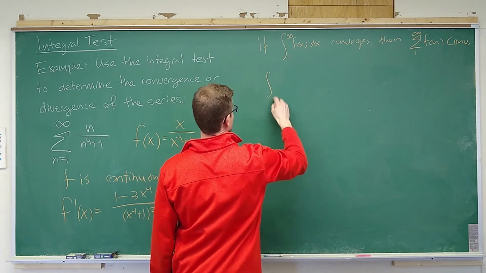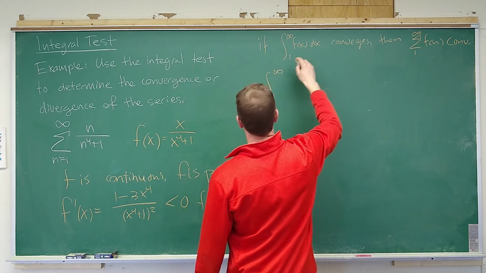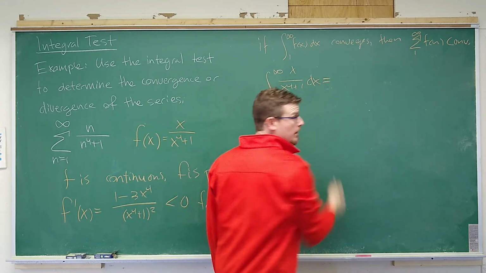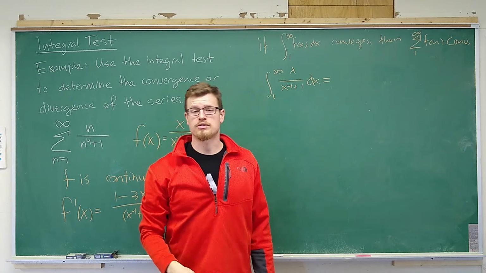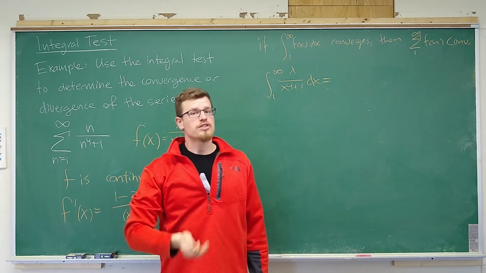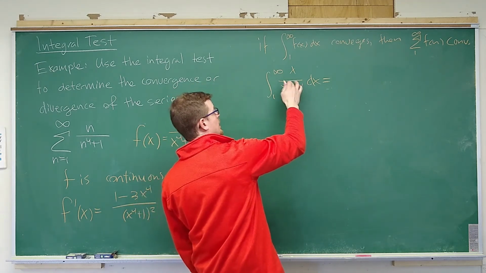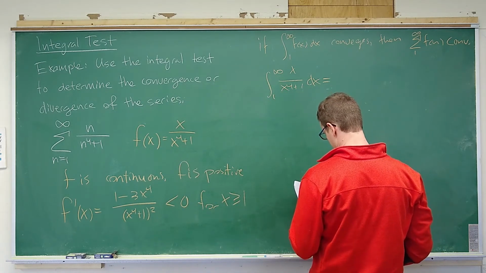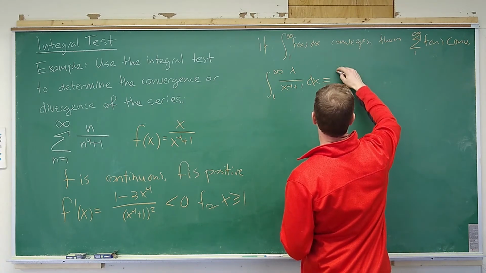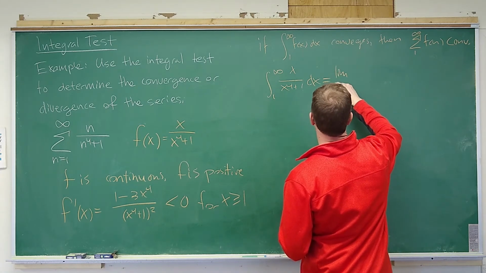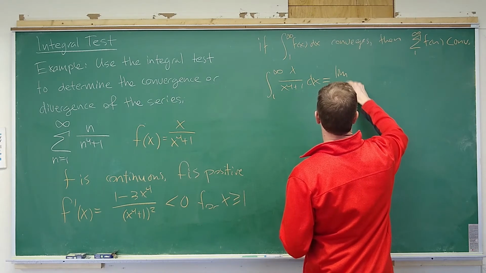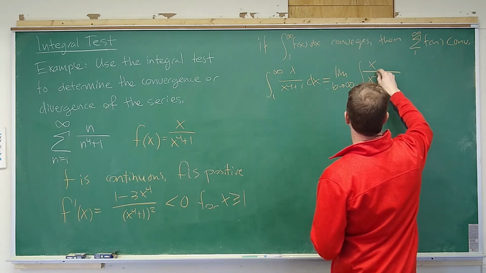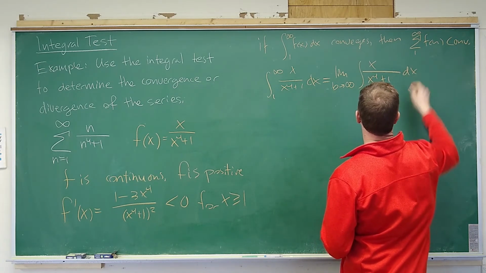All right. So the integral from 1 to infinity of x over x to the fourth plus 1 dx looks like something that you might have to use trigonometric substitution on. However, it actually works out that this is just a multiple of arctangent. So the integral here is going to be equal to the limit as b goes to infinity of the integral of x over x to the fourth plus 1 dx.